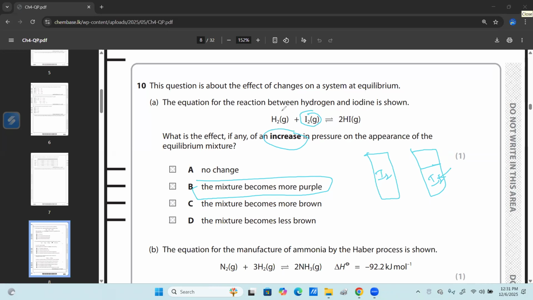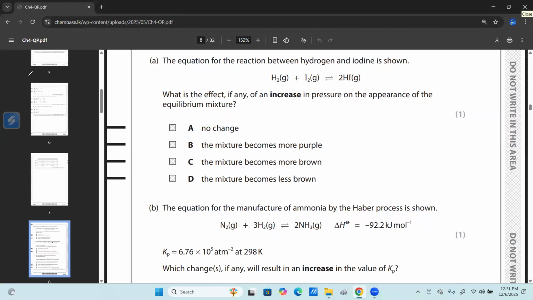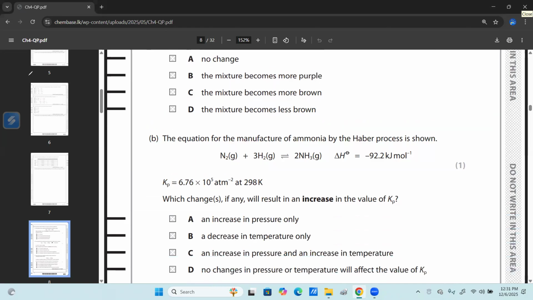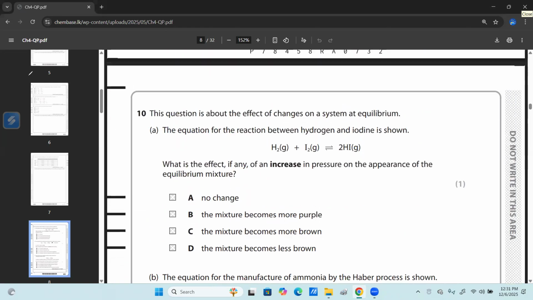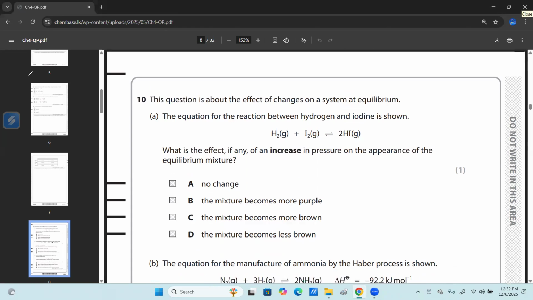Nothing will happen to the equilibrium mixture, as both sides contain the same number of moles. But you can see it becoming more purple. That is not because the system has shifted towards the left-hand side, but because of the color intensity when you reduce volume, right? So the correct answer is that what we can observe is the mixture becomes more purple, because the others are colorless gases. Hydrogen and HI are colorless gases. So when you have a colored gas at a higher pressure, it becomes purple.